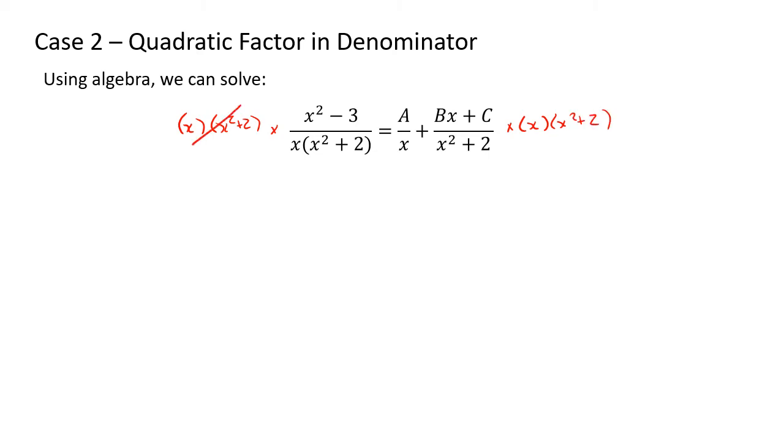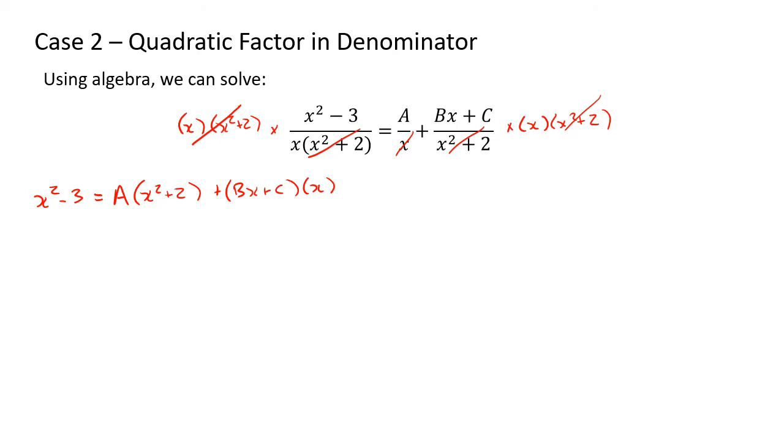On the left-hand side, those all cancel, and we're left with just x squared minus 3. On the right-hand side, for the a term, the x will cancel, but the x squared plus 2 will not, so we have x squared plus 2. For the bx plus c term, the x squared plus 2 will cancel, but the x will not, so we're left with just multiplied by x.